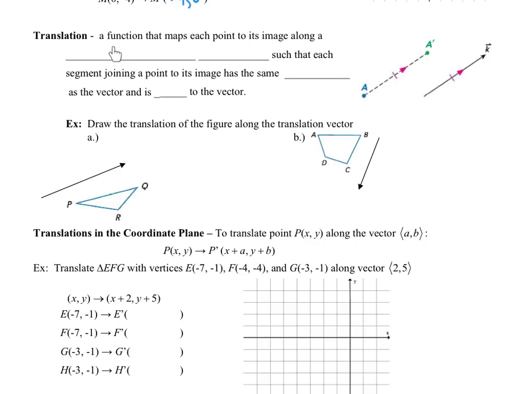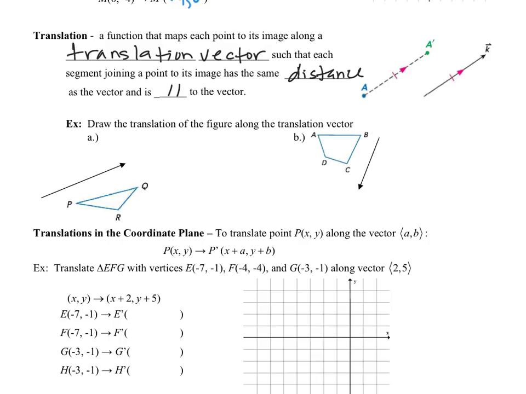A translation is a function that maps each point, each pre-image point, to its image along a translation vector, such that each segment joining a point to its image has the same distance, I could say distance, but I could also say length, has the same distance or length as the vector and is parallel to the vector.